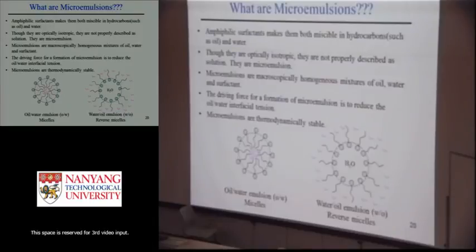So microemulsions are thermodynamically stable. They can be stable for a few hours, even a few days. But in the long run, they will finally be disrupted and form a separation of water, oil, and some surfactant in between.